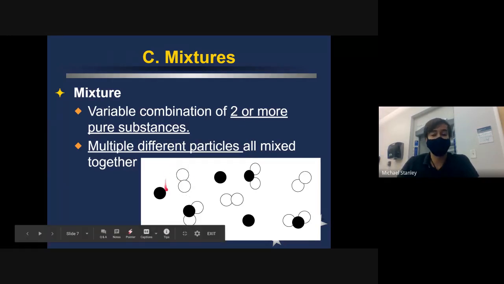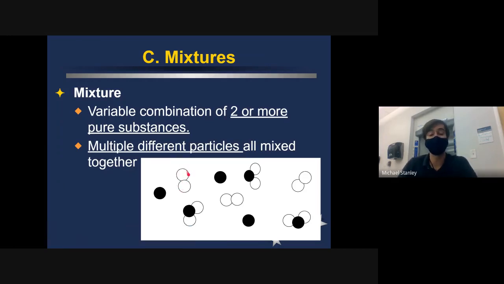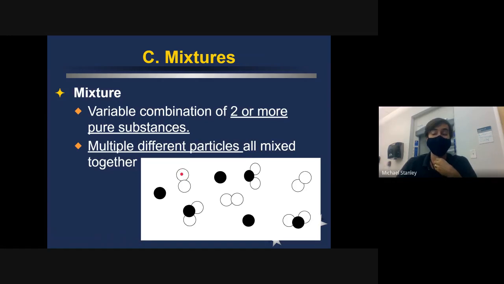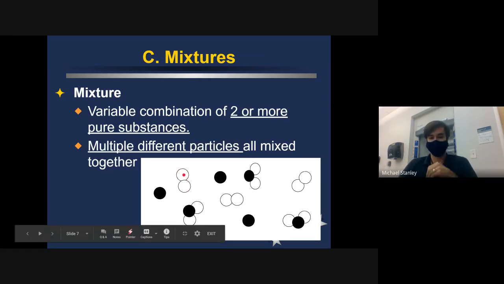For this white element right here, it's the same atom just bonded to itself. So this is still a pure substance, still an element, excuse me. So we have a black element and this double white element, but since it's the same atom bonded to itself, it's still an element.